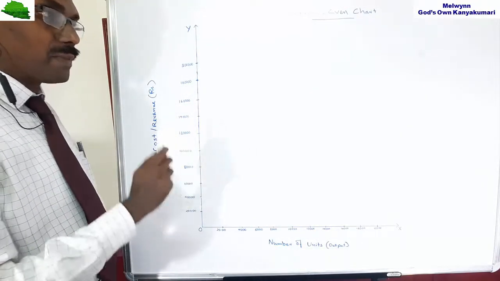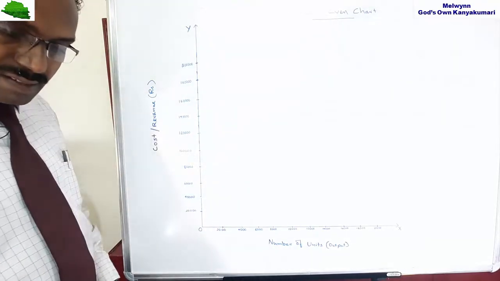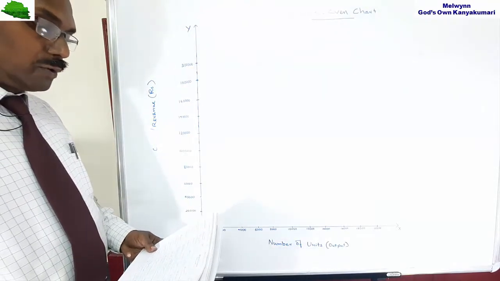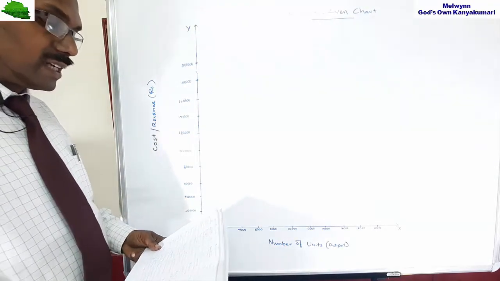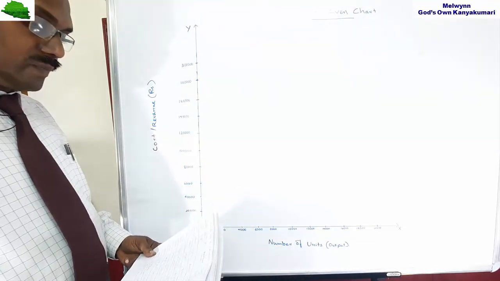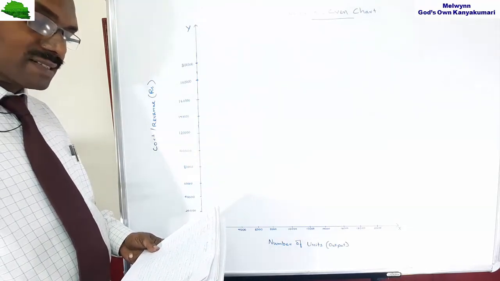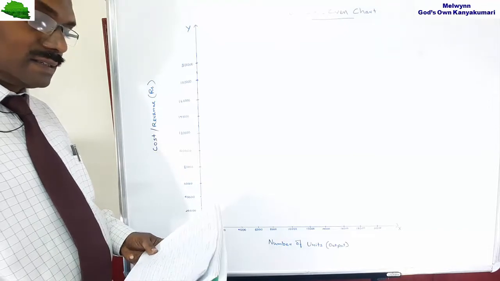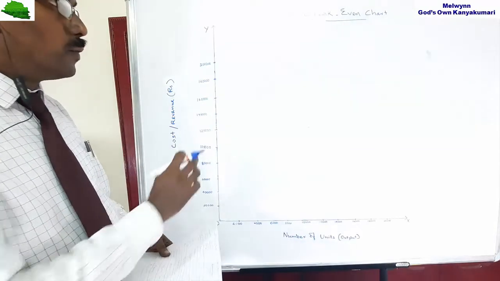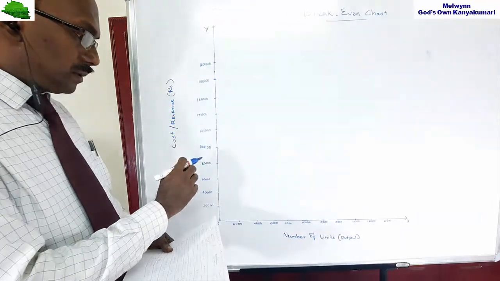Now you have to keep in your mind the data given in the table. That is, the first column, number of units output. Second column, total sales, that is revenue. Then total fixed cost. Then total variable cost. Last column, total cost, that is fixed cost plus variable cost. Now we have to draw the fixed cost line.